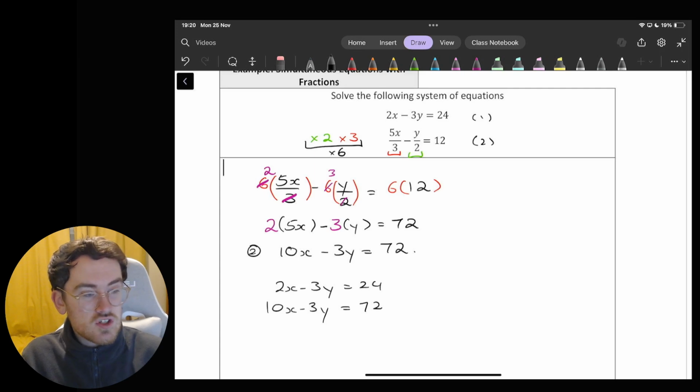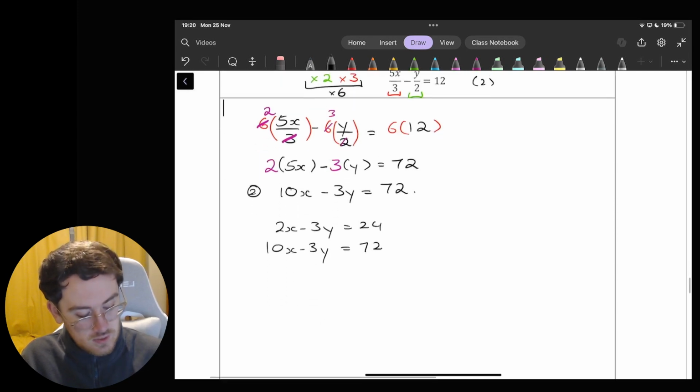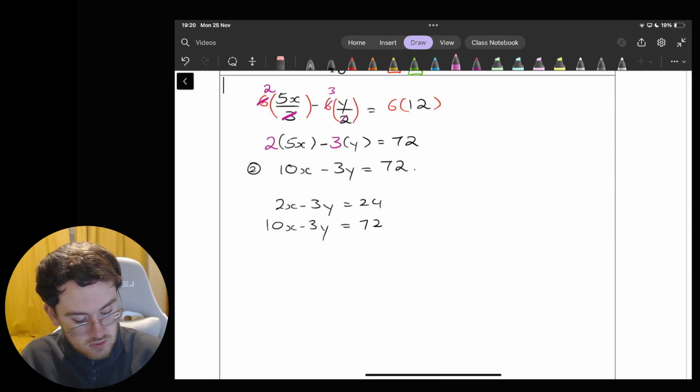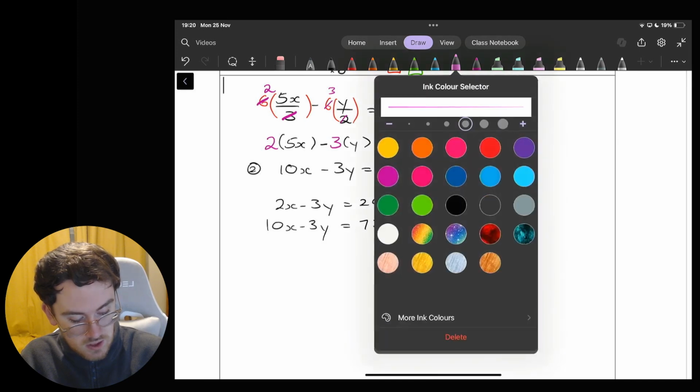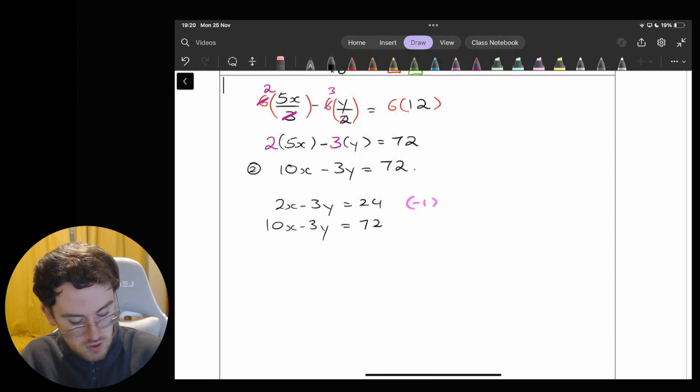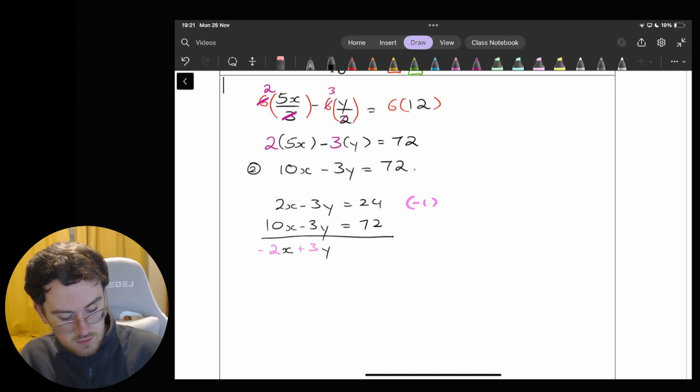To solve the equations here, what we would want to do is, again, our normal story: pick the letter that we would like to eliminate. The letter I might choose to eliminate might be y. I might multiply the top equation by minus 1 and adjust the equation accordingly. So that will become minus 2x plus 3y equals minus 24.